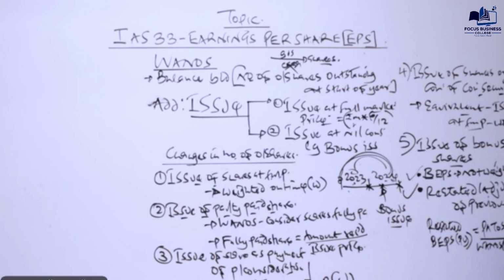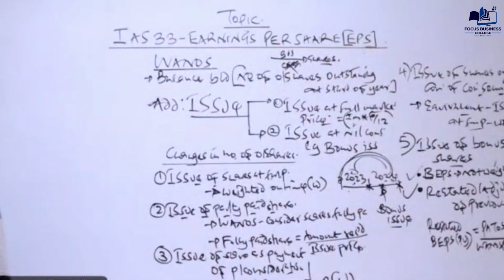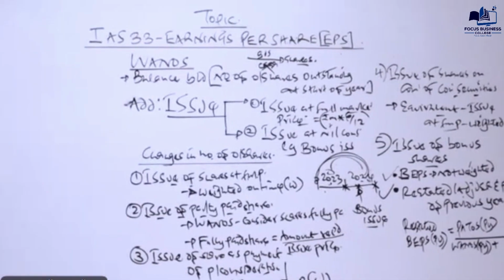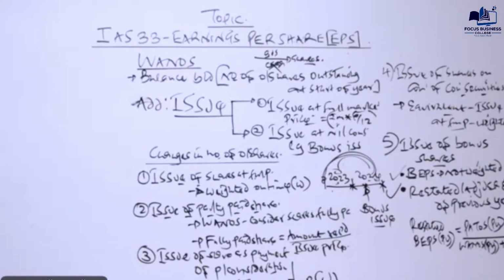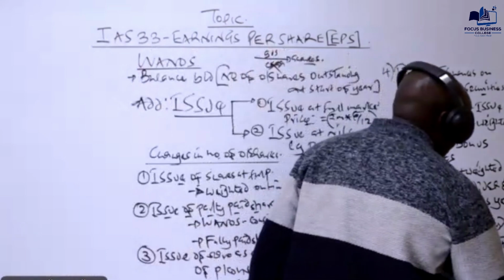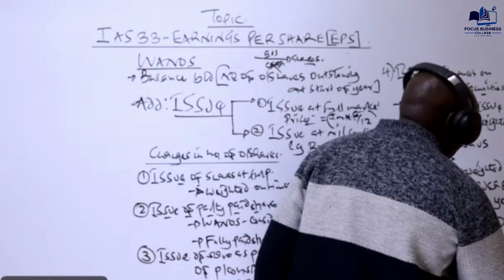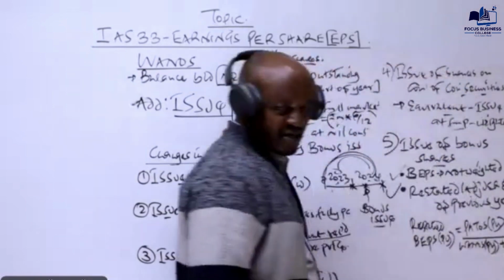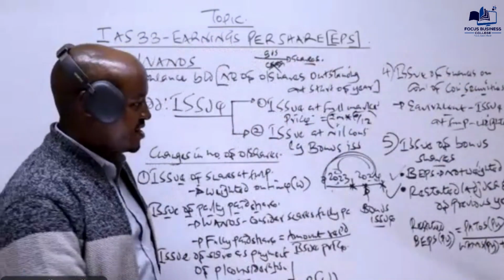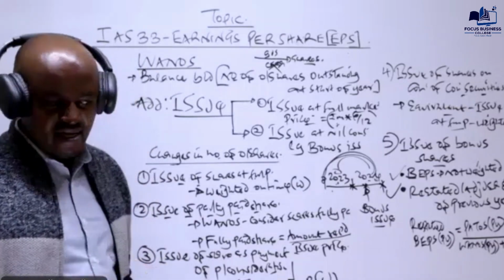But to this NOS, there is something which we add. What do we add to that NOS? Basically, the bonus shares which were issued during the current year. The bonus shares issued during the current year, CY for current year.